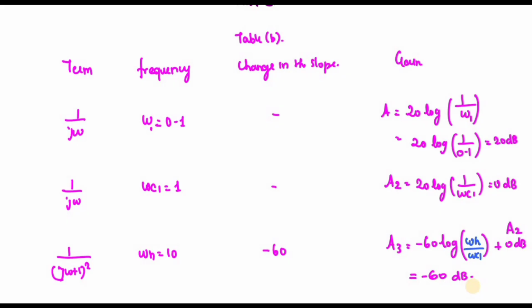Now you have to plot this. At omega equal to 0.1, it is 20 dB. At the corner frequency omega equal to 1, it is 0 dB. And at omega h equal to 10, it is minus 60 dB. The change in the gain is minus 60 dB.